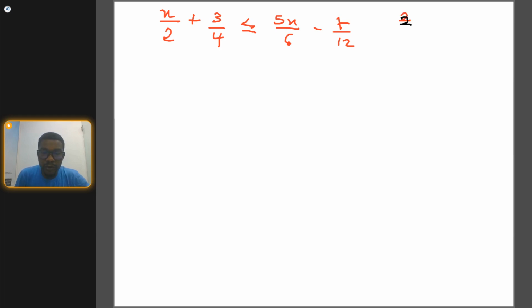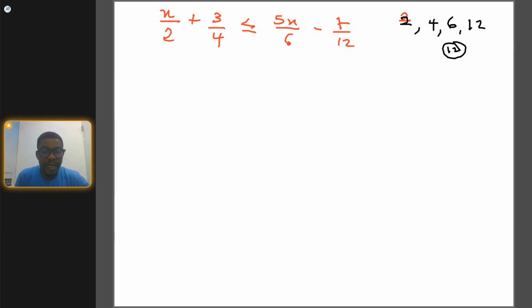What's the LCM of 2, 4, 6, and 12? The LCM should be a number that can divide all of these denominators. The LCM is 12. Thank you for your response, Alima.